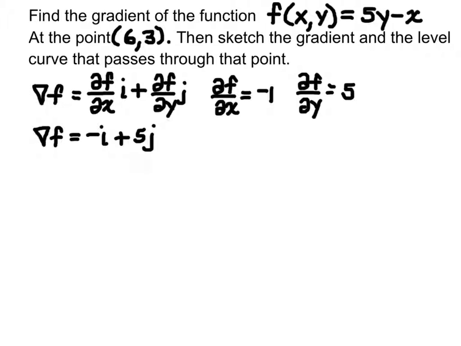The level curve is a set of points in the plane where the function has a constant value. To find the level curve, we substitute the point (6, 3) into the function. So f of (6, 3) is equal to 5 times y, which is 3, minus x, which is 6.